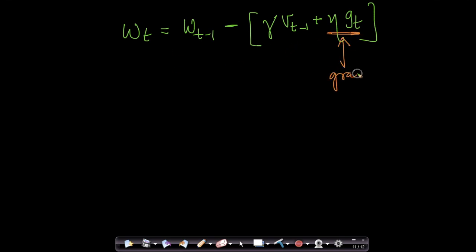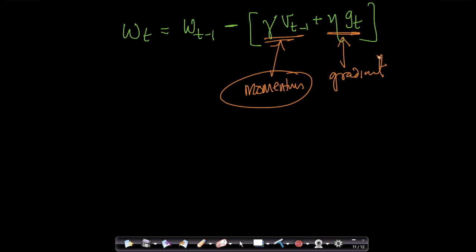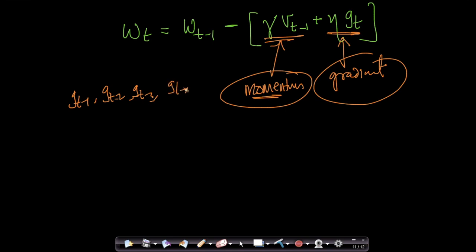This is your gradient term. This term is called the momentum term, because momentum is computed using all the previous values, using Gt minus 1, Gt minus 2, Gt minus 3, Gt minus 4. I'm using all of these values.